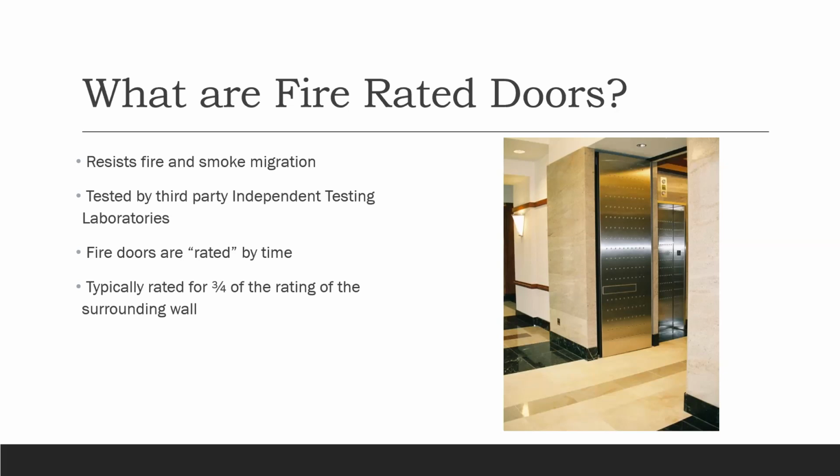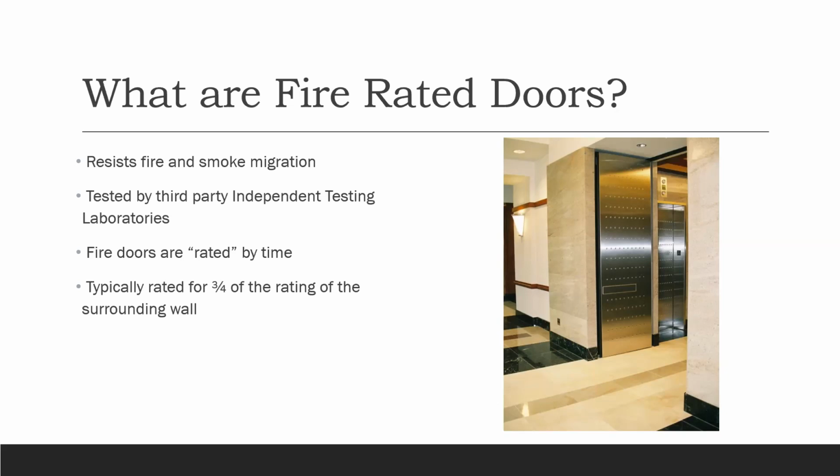Fire rated doors are doors to resist heat, fire, and smoke, and they're going to be tested by third-party agencies and labeled to show that they meet certain performance requirements for whatever's required for that opening. And so they need to be able to essentially contain that smoke, that heat, that fire from the building occupants long enough to have them escape that burning building.